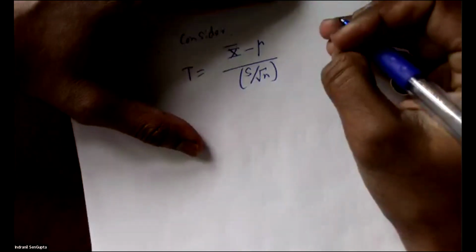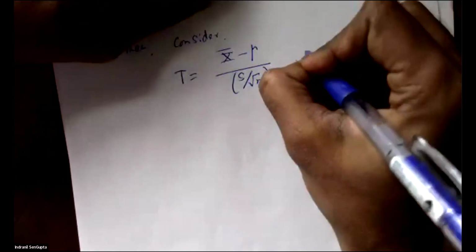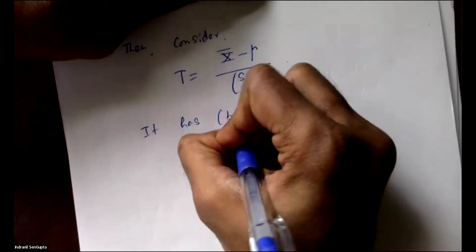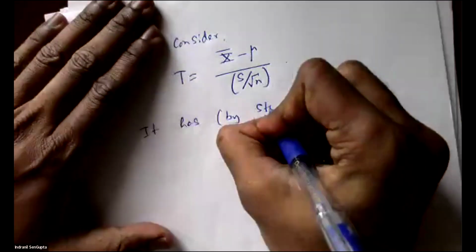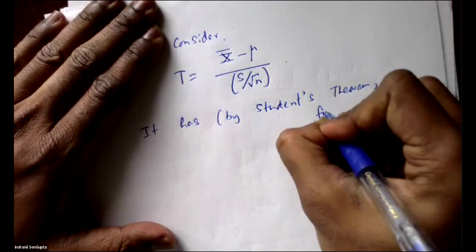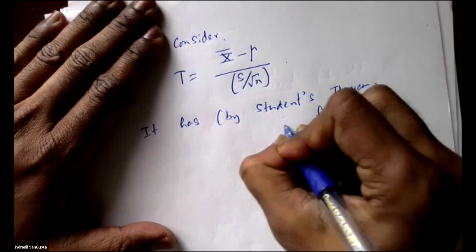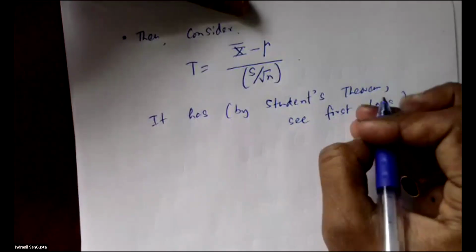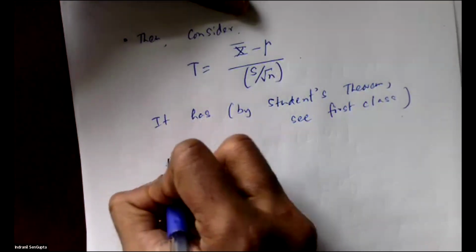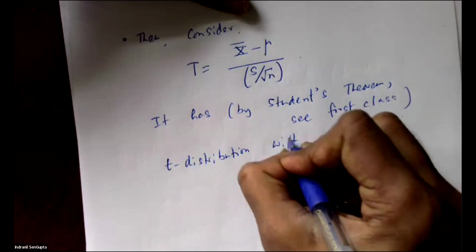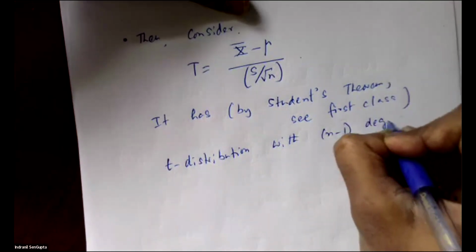By Student's theorem from the first class, it has a T distribution with n minus 1 degrees of freedom.